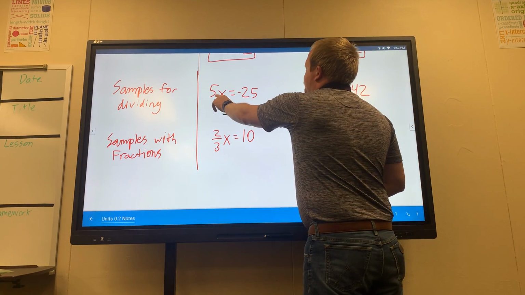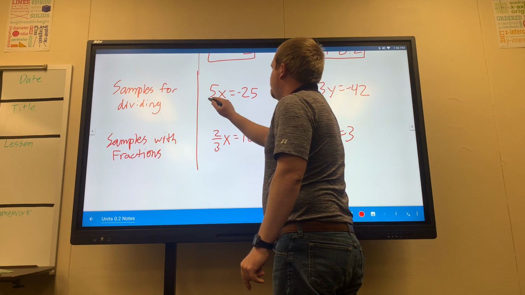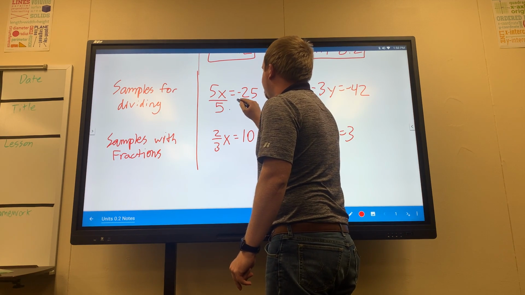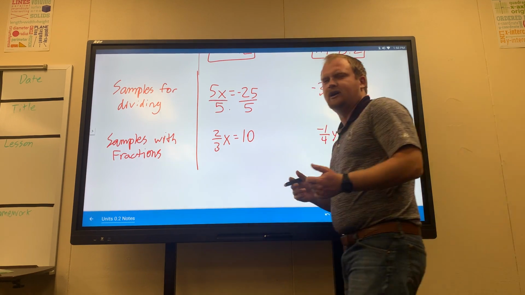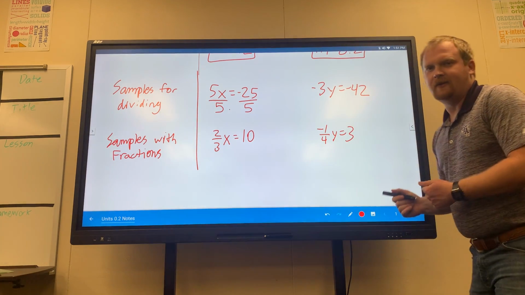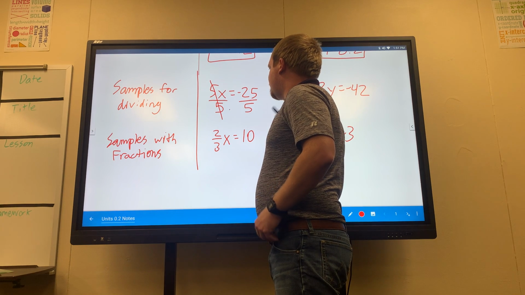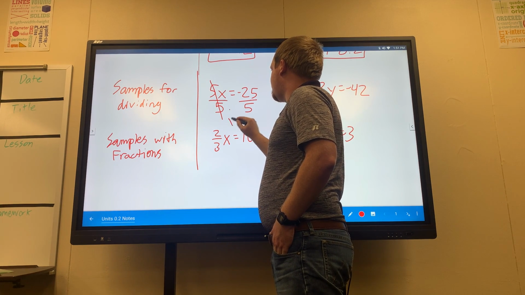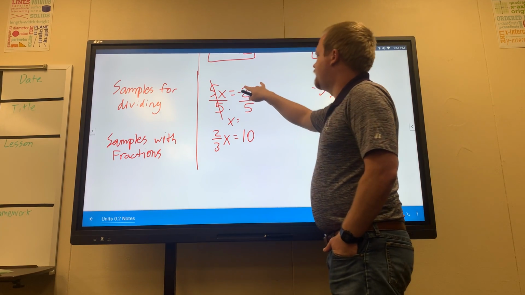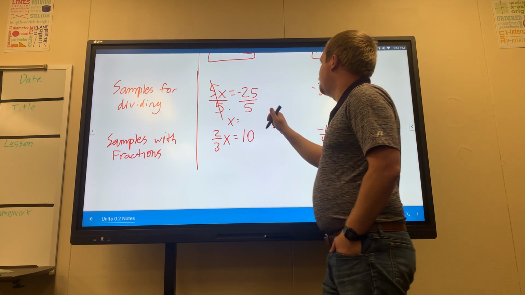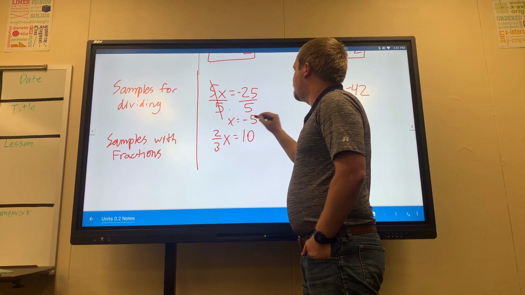So I want to divide 5 on both sides, because the inverse of multiplying is dividing. 5 divided by 5 becomes 1, so that cancels out, and I get x equals negative 25 divided by 5, which gives me negative 5.